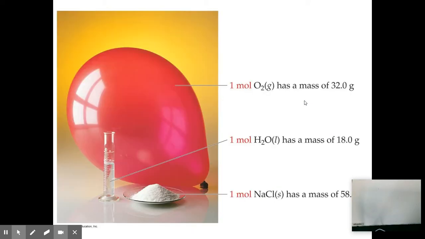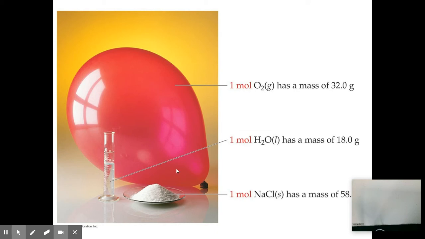In this image right here, it's just giving you a real quick example of the various states of matter and what a mole's worth of that substance would be. For instance, that balloon right there has a mole's worth of oxygen. Oxygen is diatomic, so that's why you have O2. That's why it's got a molar mass of 32 grams, and that's what a mole of it would look like.